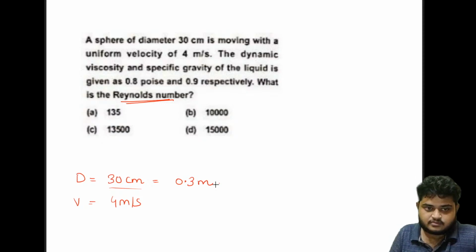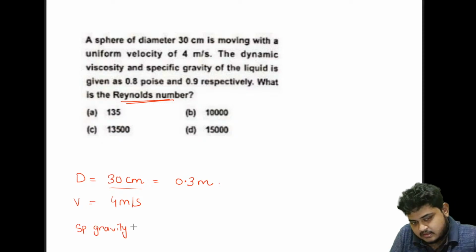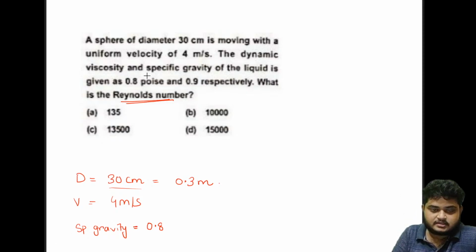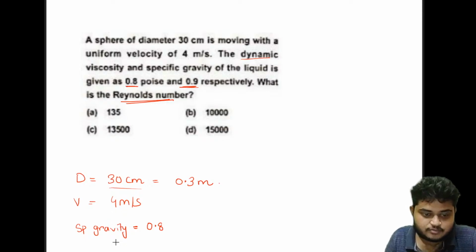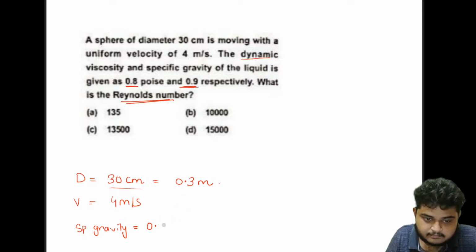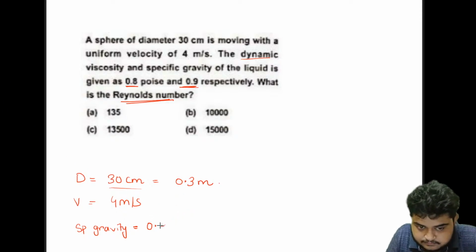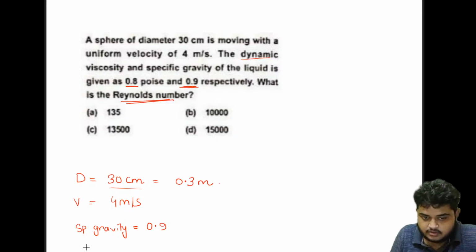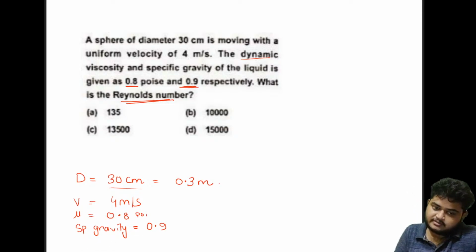Now the specific gravity of the liquid is given as 0.9, and sorry, the dynamic viscosity is given as 0.8 poise.